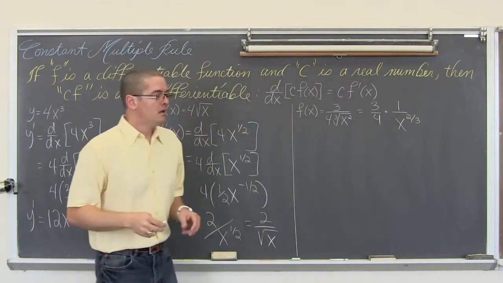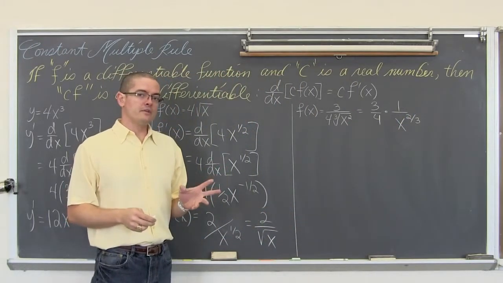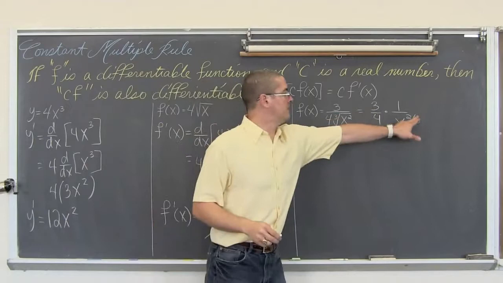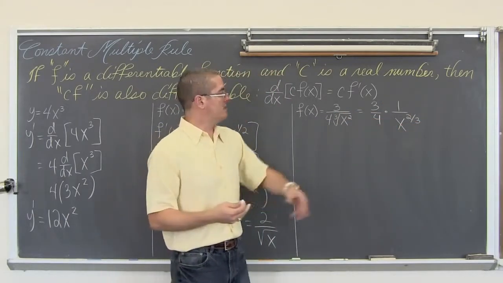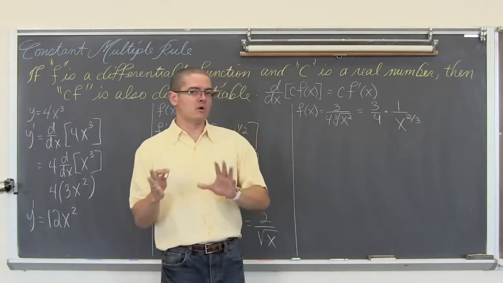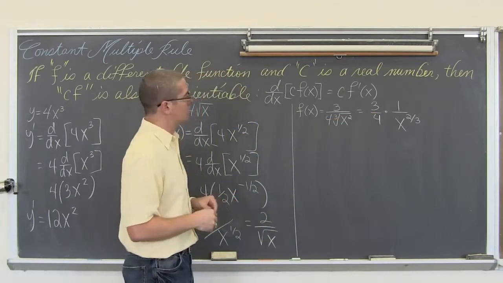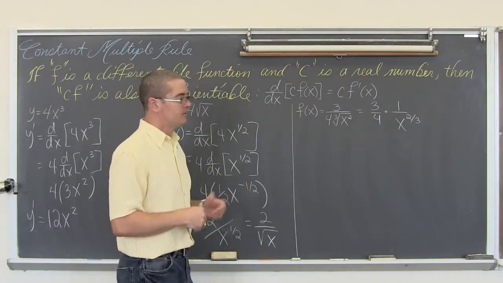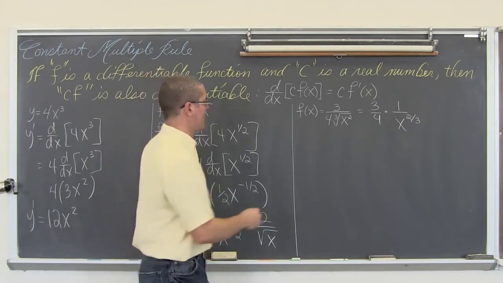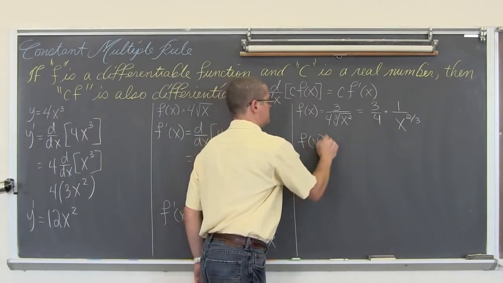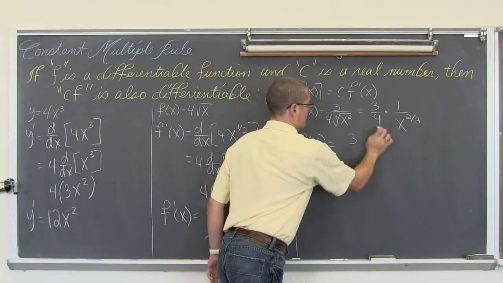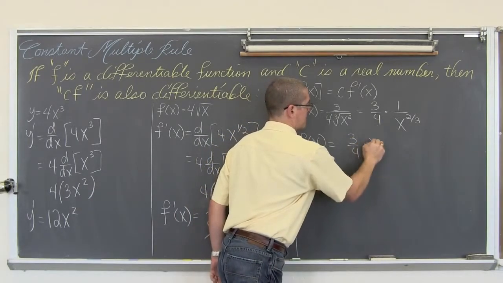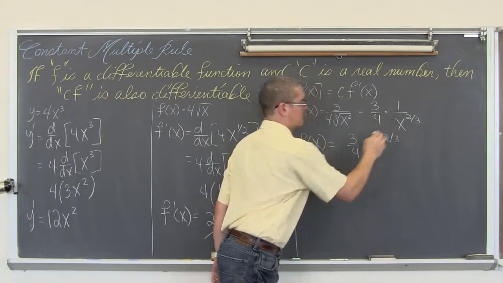Now, I still can't find the derivative here because this is not written in the power setting that we've been dealing with. It's actually division, and we don't know the quotient rule yet, nor would it be a great choice here because it would make things more complex. So we have f of x is equal to 3/4 times x to the negative 2/3.